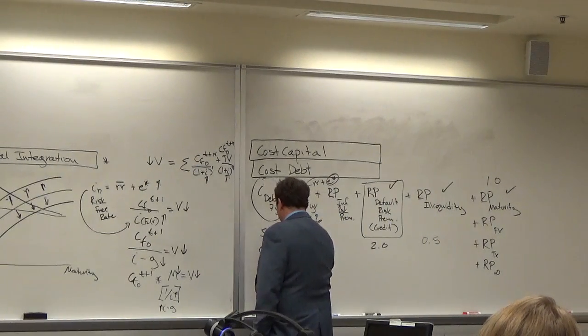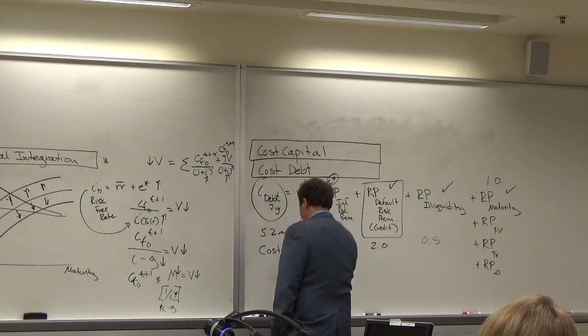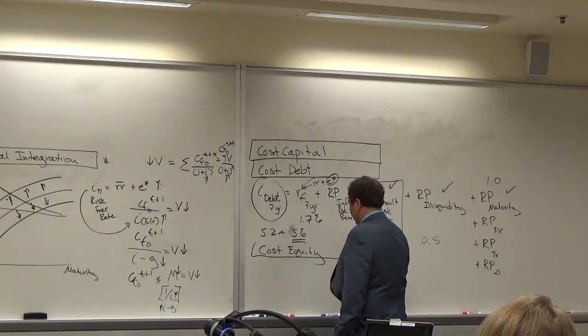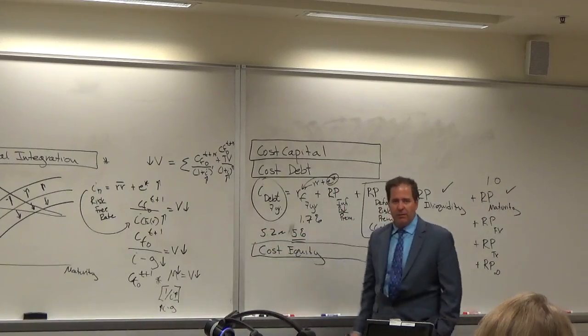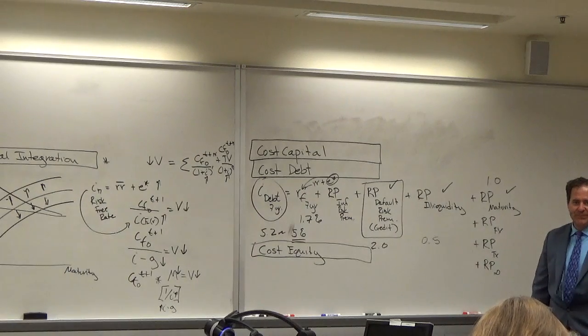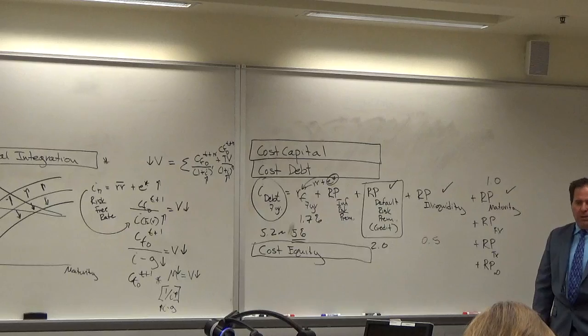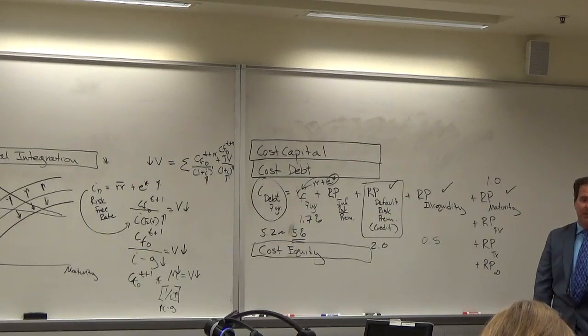Now we need the cost of the equity. How do I calculate the cost of the equity? What's the equation that I use for the cost of equity? How do I come up with the expected return on equity?